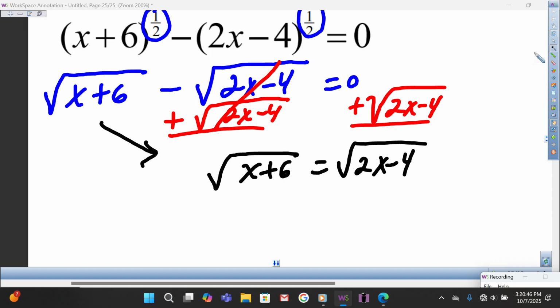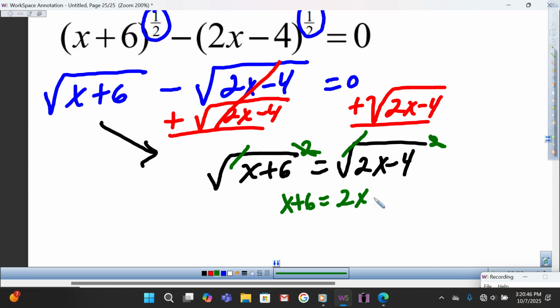Next, we need to cancel those square roots. What cancels the square roots, everyone? A square here and a square there, so this cancels that. This cancels that. We're left with x plus 6 equals to 2x minus 4. You're like, this looks very familiar, Mr. Q, like the practice we did at the beginning of the school year. Of course. Get all x's to one side. Which one do I bring to the other side?